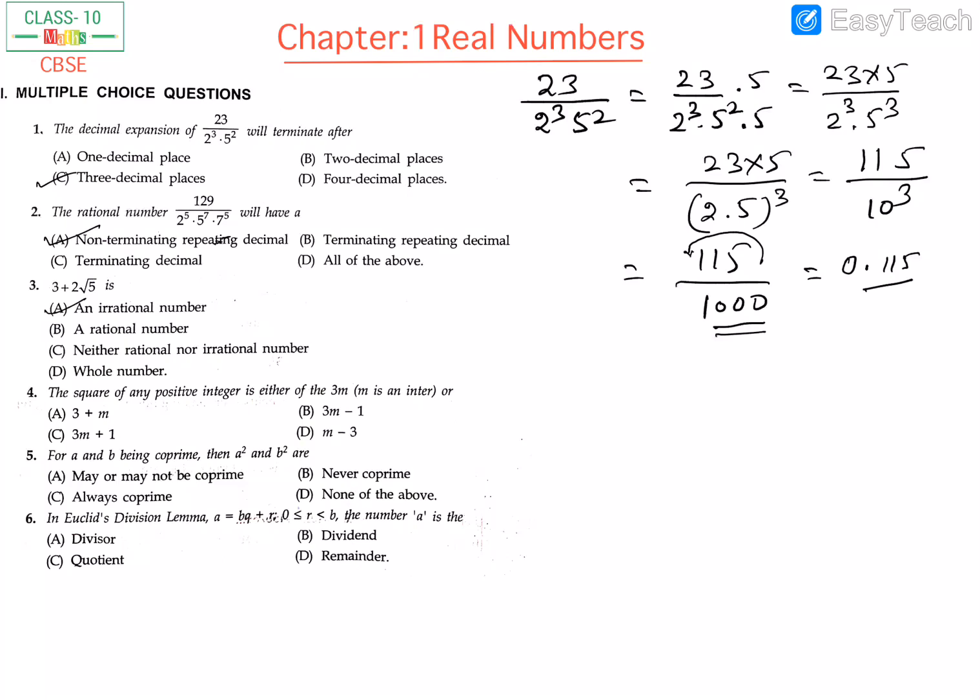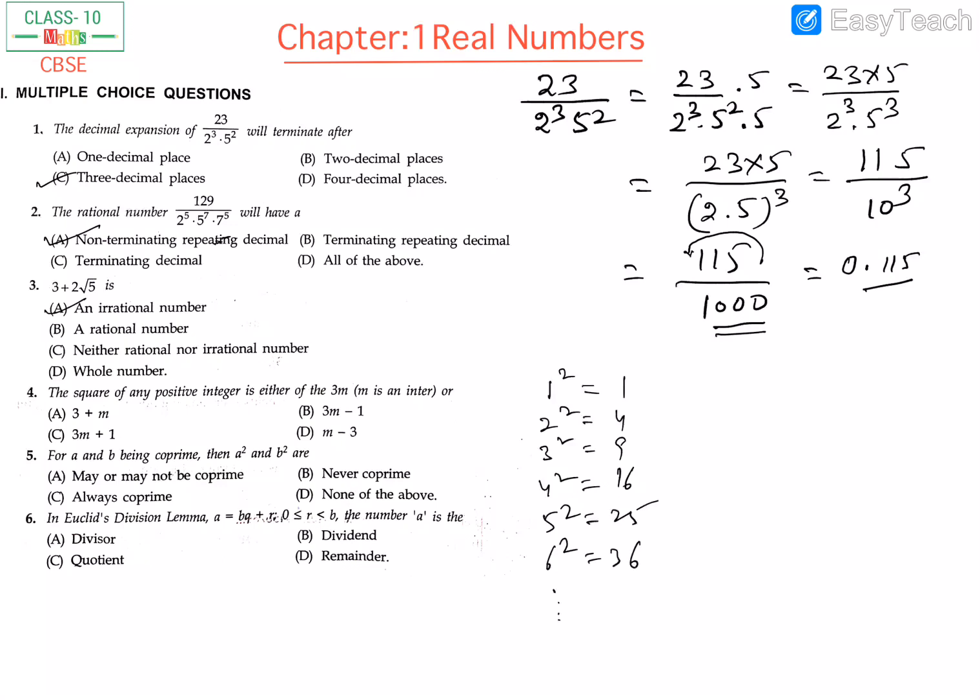To proceed for this question, we take squares of positive integers, like 1 square is 1, 2 square is 4, 3 square is 9, 4 square 16, 5 square 25, 6 square 36, and so on.